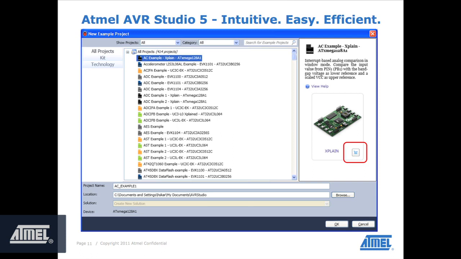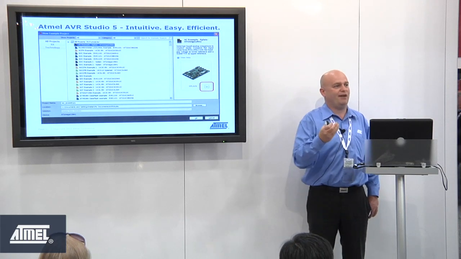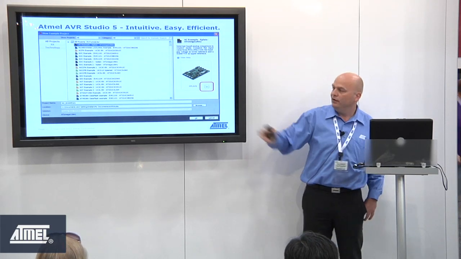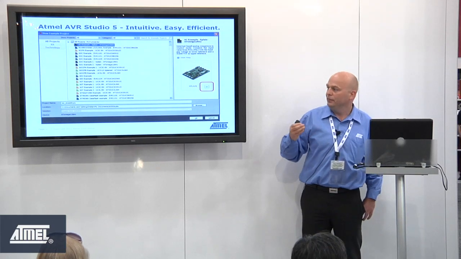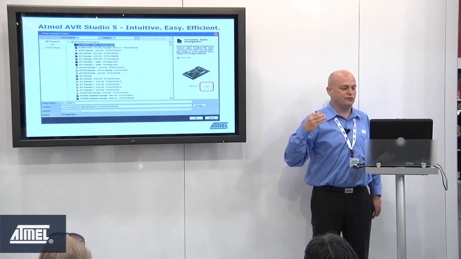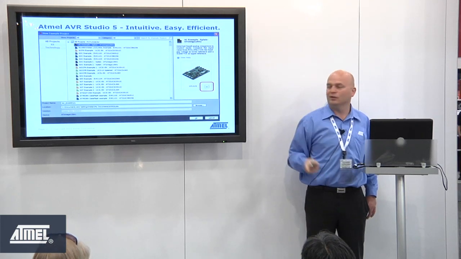You can say, okay, I need a 32-bit microcontroller. The list will change and you will get all the examples fitting the 32-bit microcontroller. Or you can select which board you want to start with if you have a development board already, and you will get a list that fits this board. So it will be quite easy to get a starting block for your project development.